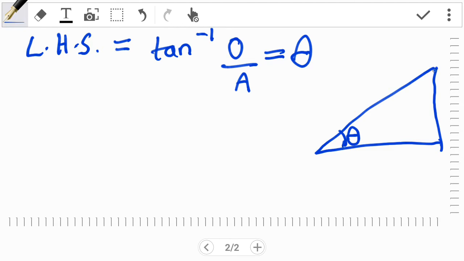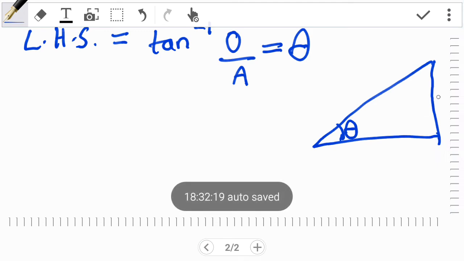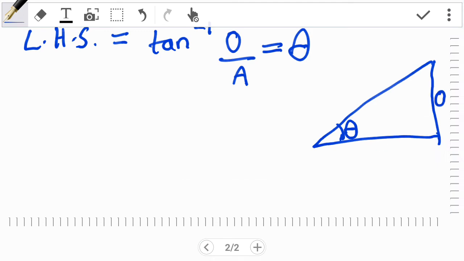Tan of theta will be the length of the opposite side by the length of the adjacent side. So effectively we can say that the length of this side is O and the length of this side is A, the opposite side and the adjacent side. That is why I took the variable names as O and A. If the lengths of these sides are O and A, then this angle will be theta, right? Because tan of theta is O by A and tan inverse of O by A is theta.